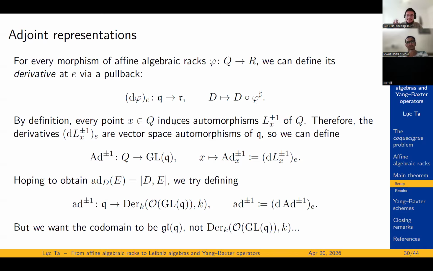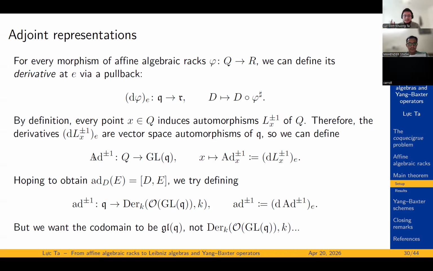Because of the way that we define an affine algebraic rack, each point in your scheme induces the left multiplication map, which is an automorphism of that scheme. Therefore, the derivatives of that at E, because of the axioms that we had about E, are also going to be vector space automorphisms of math frac Q. So we can associate to each point in your scheme the adjoint representation that's given by the derivative of that left multiplication map.